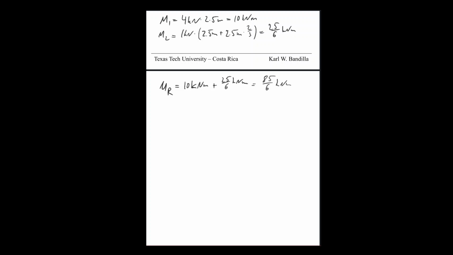I'm not going to give you the decimal value of MR because we're not really interested in MR. We're interested in the location, right? So that would be MR over FR. MR was 85 over 6 kilonewton meters.